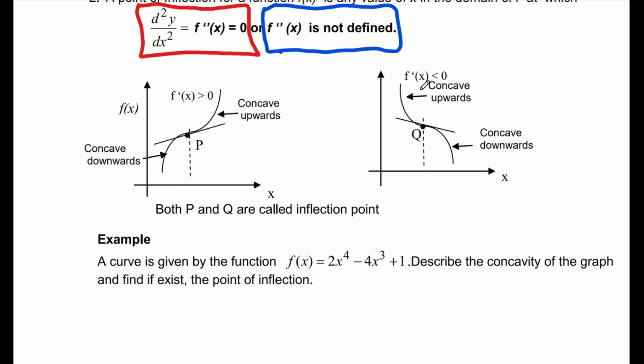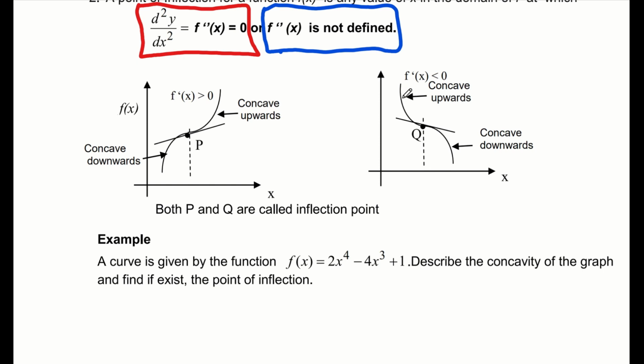For the second graph, the function f(x) is decreasing, but the concavity for the interval before the point Q is concave upward, and for the interval greater than Q, the graph is concave downward.